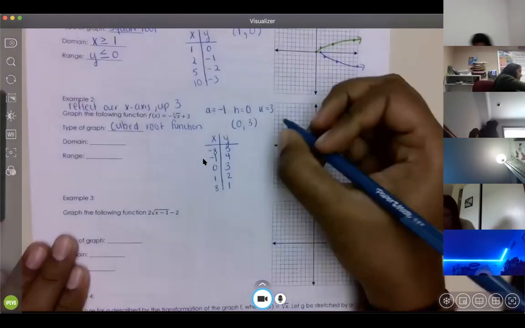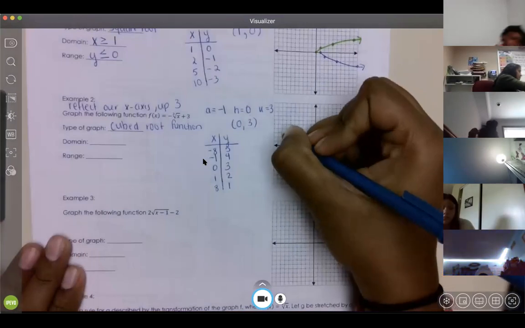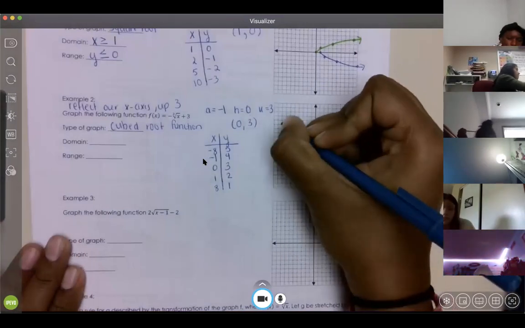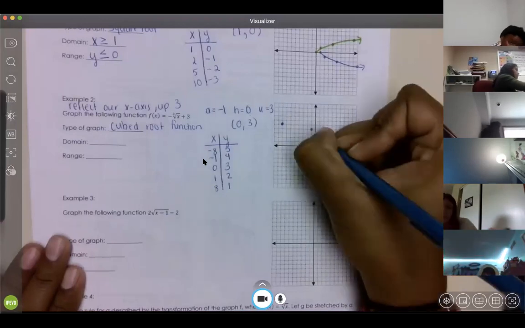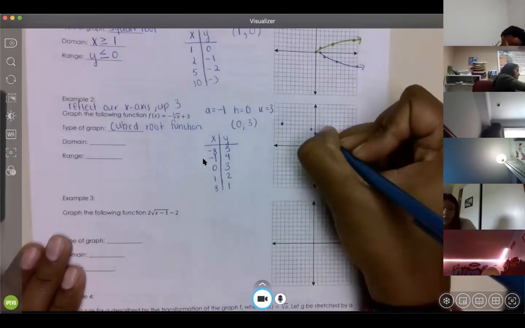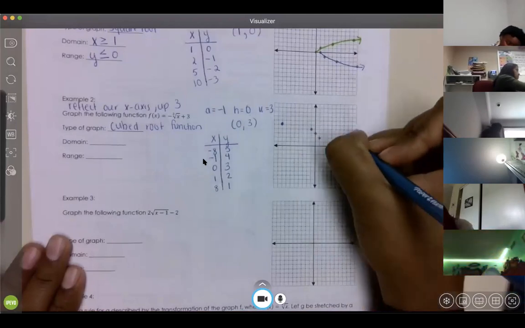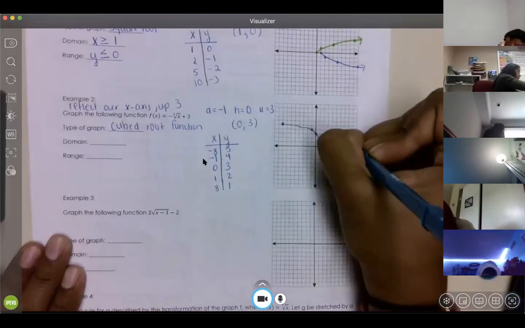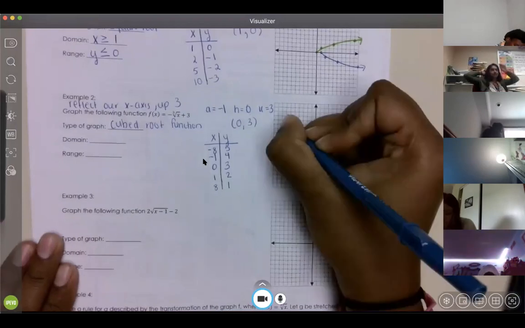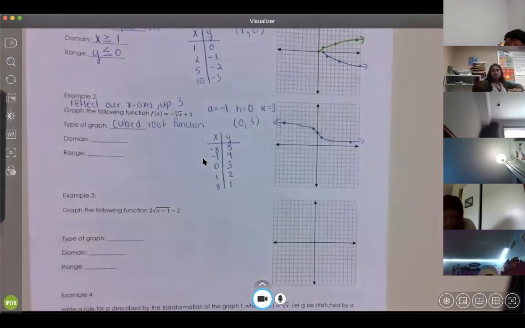So we've got -8, 5, -1, 4, 0, 3, 1, 2, 8, 1. Any questions about how we graph that?